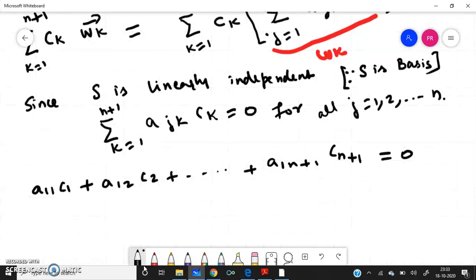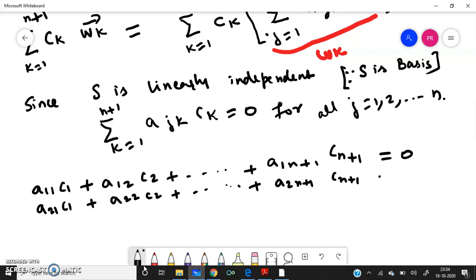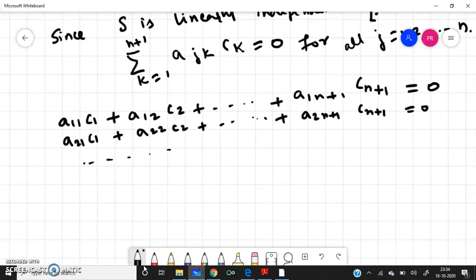I hope you understood now. Same way A21 C1 plus A22 C2 plus and so on plus A2 n plus 1 Cn plus 1 equal to 0, and so on it will go.